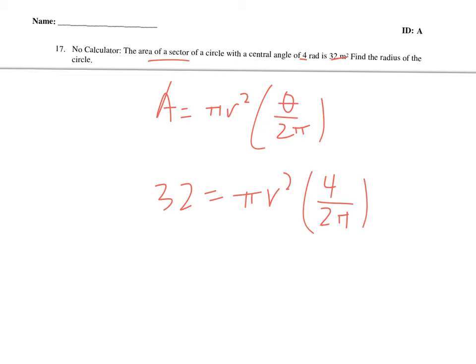Not all radians have a pi attached to them, so don't assume that it has one if it doesn't. I'm just going to use the 4. From here, I'm going to cross cancel these pi's, and I'm going to call this 2r squared since 4 divided by 2 there. And I'll divide that 2 over. So 16 equals r squared, which would mean r is 4.